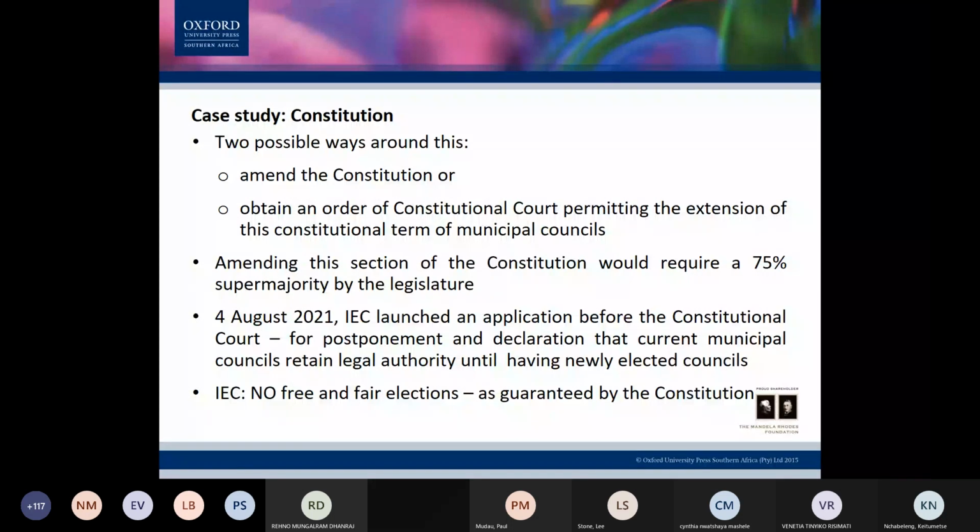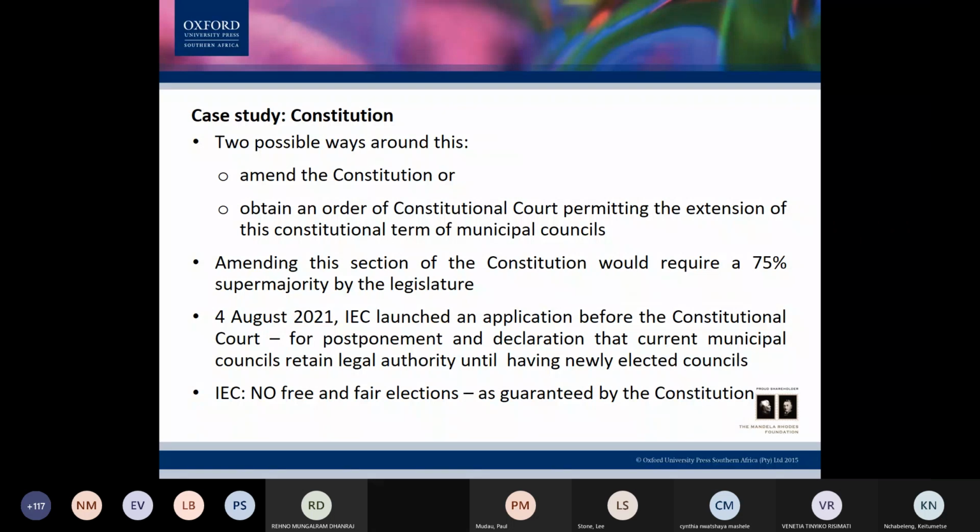Take note that amending this section of the Constitution will require a 75% supermajority by the legislature.